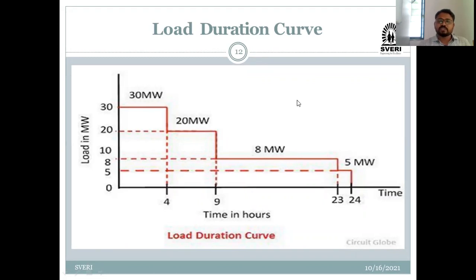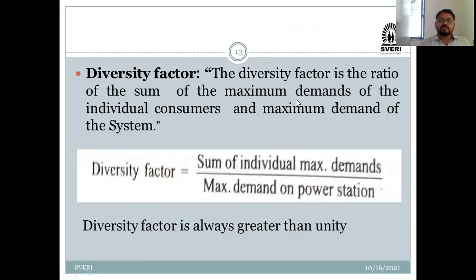The next point is that we have to see some important definitions, or some important factors, that we are going to refer to in the power system. Which important factors are there?